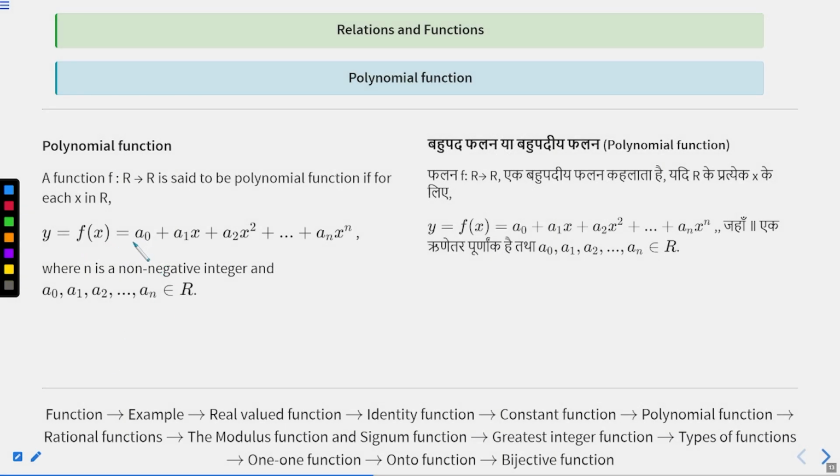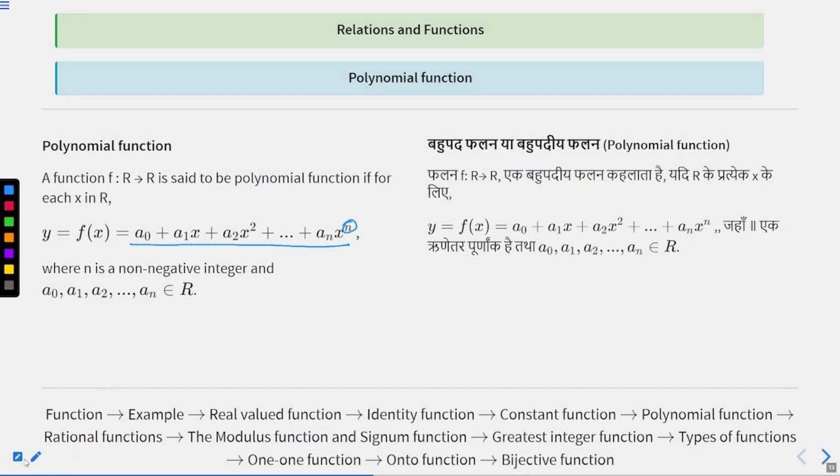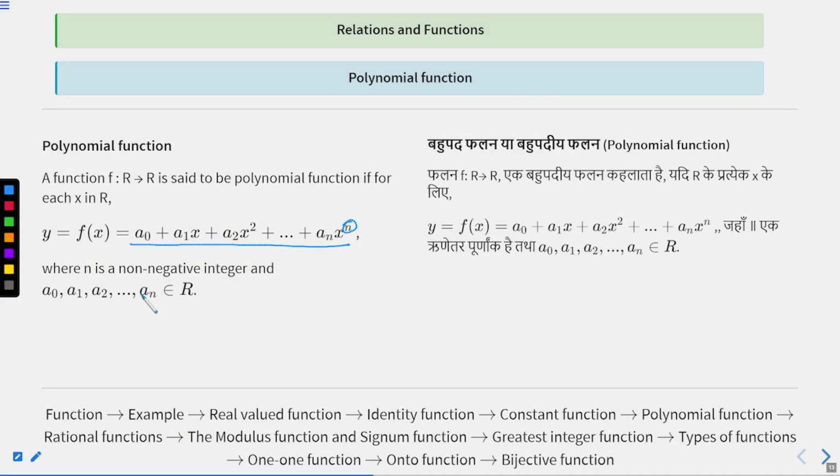Now, here is my polynomial. As you all know, n is from the natural numbers, or you can say non-negative integers. Natural numbers here means non-negative integers.